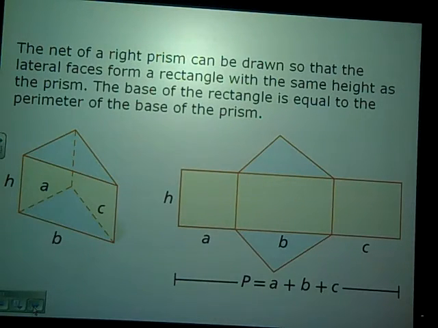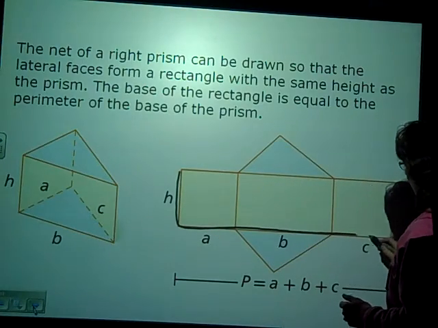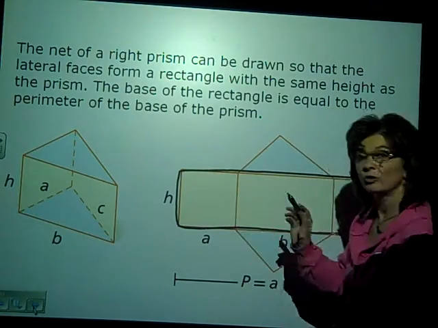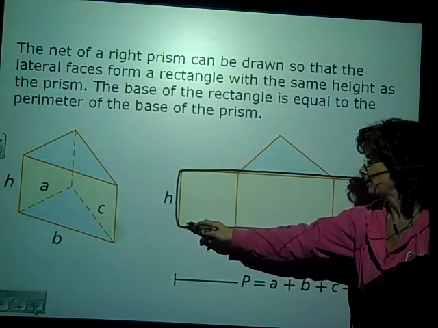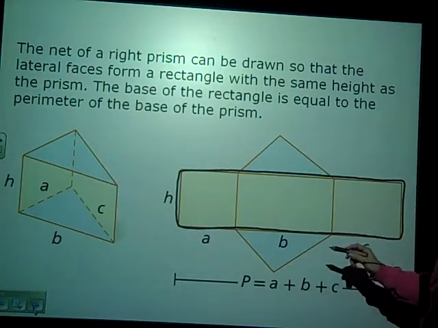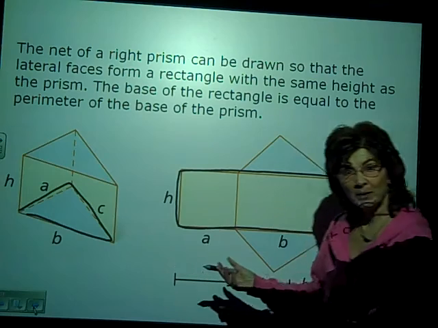Okay? When you draw a net, say for this triangular prism, we are going to look at how you find the surface area of this prism. Well, it's just the area of all the sides added together. So I would think, okay, lateral area is going to be this, and if I looked at it in terms of a net, it makes one big rectangle, and the length of this rectangle is, notice, the perimeter of the base.